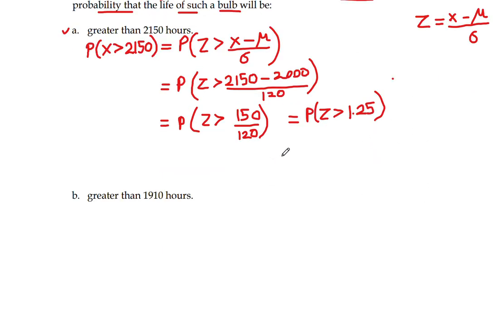So at this stage, it is recommended that we draw the standard normal curve to show this information. So here I'm going to draw the standard normal curve right here. That's my standard normal curve, a symmetrically shaped curve with 0 at the center. And then I will locate 1.25, which is going to be somewhere here to the right of 0, because the values to the right of 0 are positive, to the left of 0 would be negative.